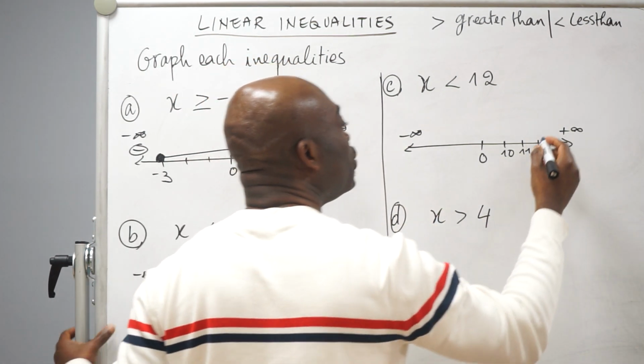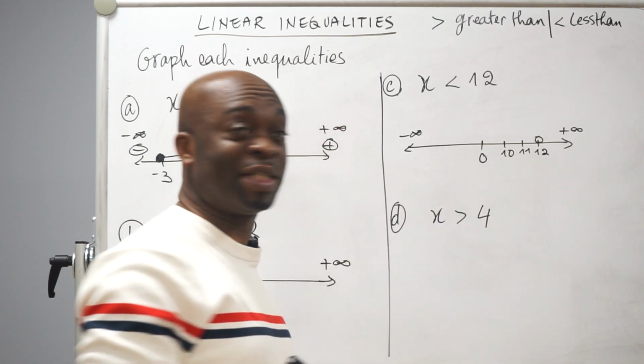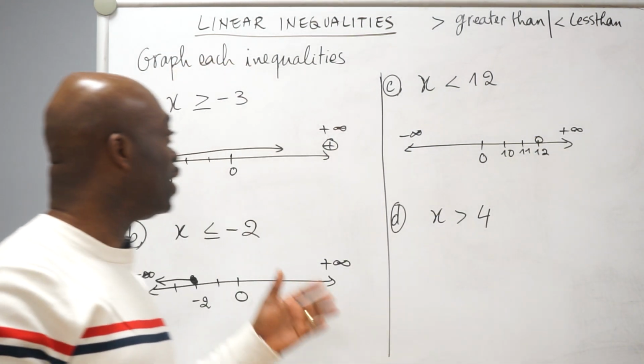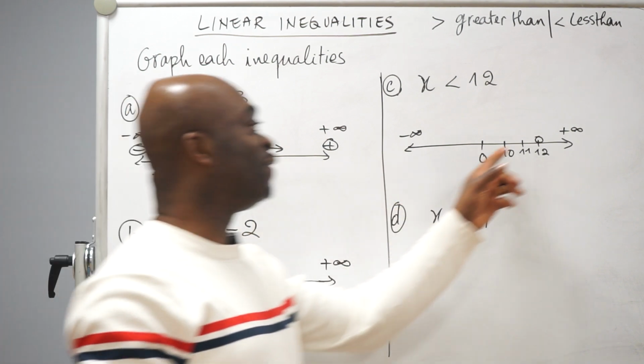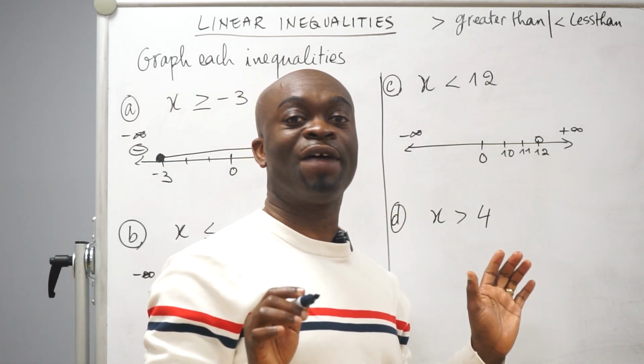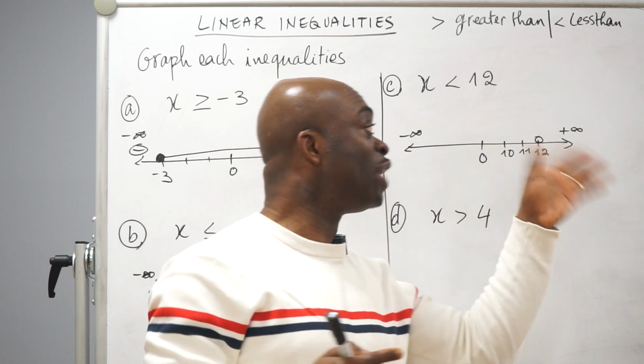The first thing to do is have our little circle here, and we leave it empty. You shade it in when you have the equal sign. You leave it empty when you don't have the equal sign. That's what makes the difference between the two of them when we are graphing.